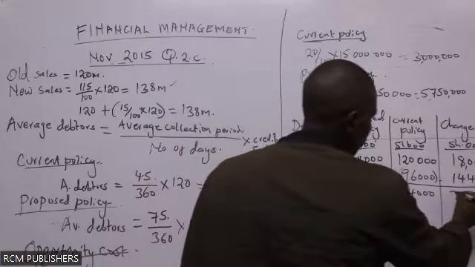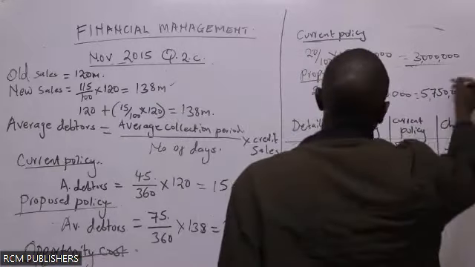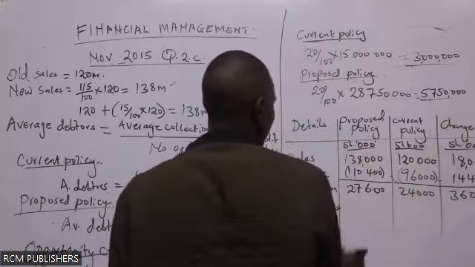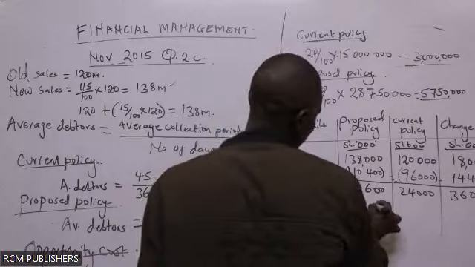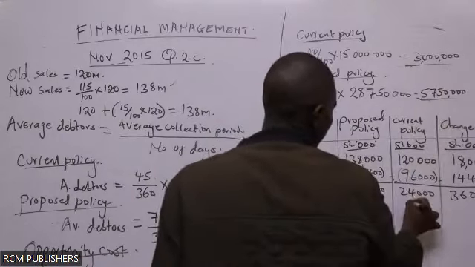That's 600. Let's raise our opportunity cost. I have for the proposed policy 5,750. Then 3,000.